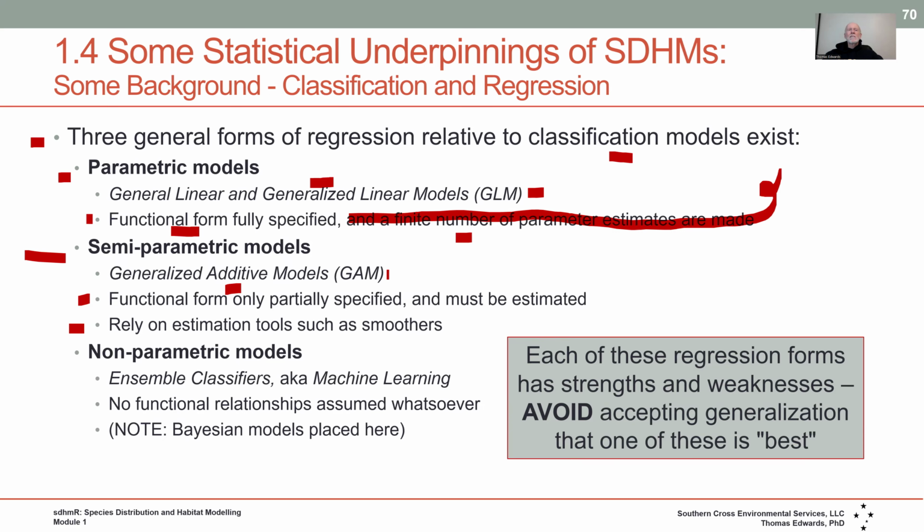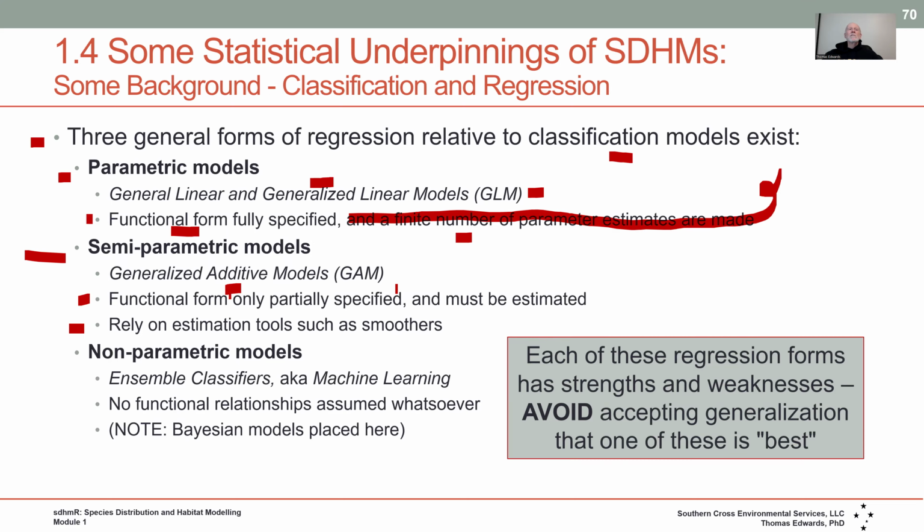When you're in an additive model, instead of having a strict linear relationship, the direction of that relationship changes as you move across an x-axis. We'll see some examples of that as we go. But again, the major thing to remember here is that parametric models are fully specified. In a semi-parametric model, it is only partially specified.